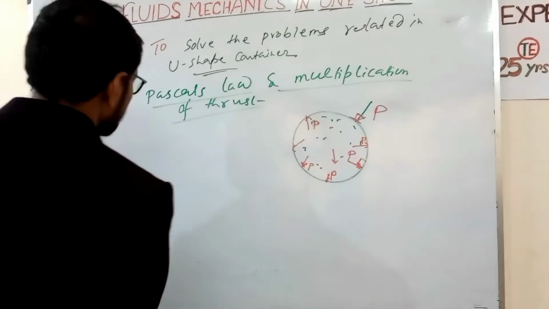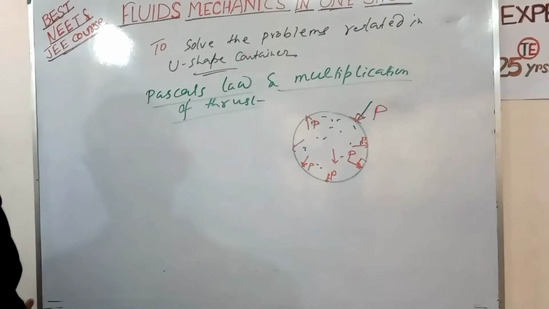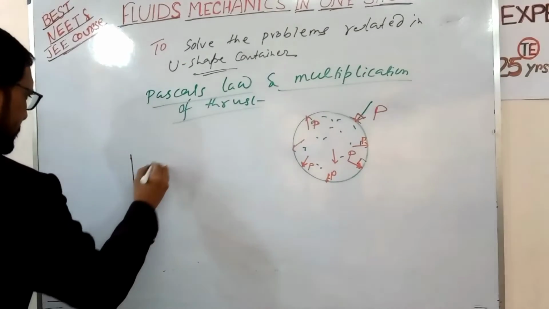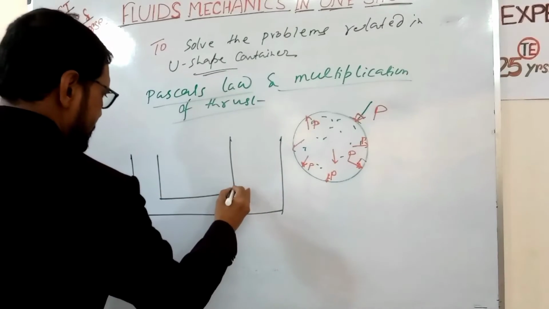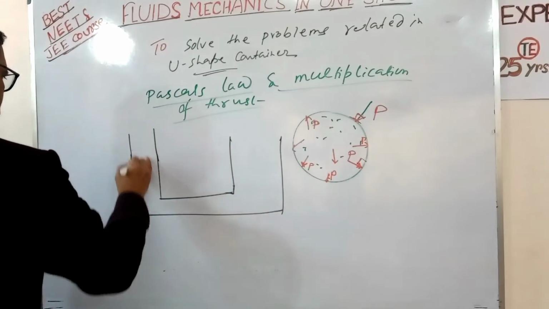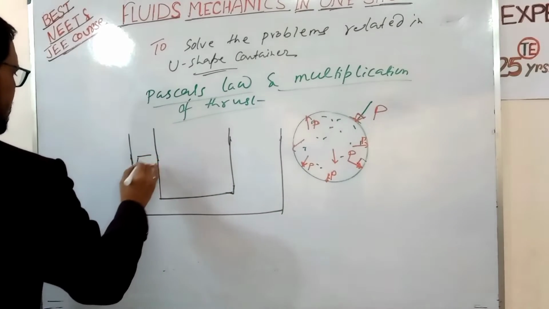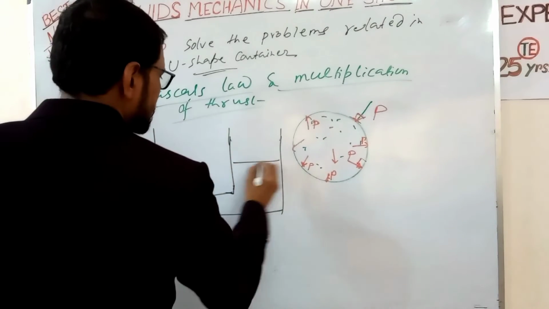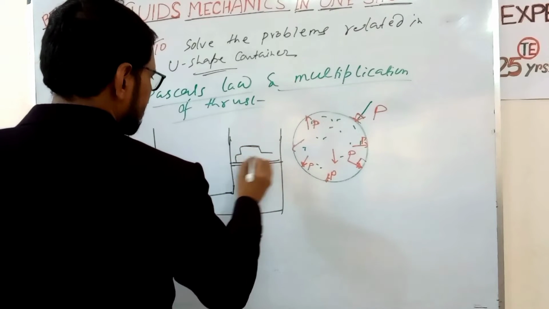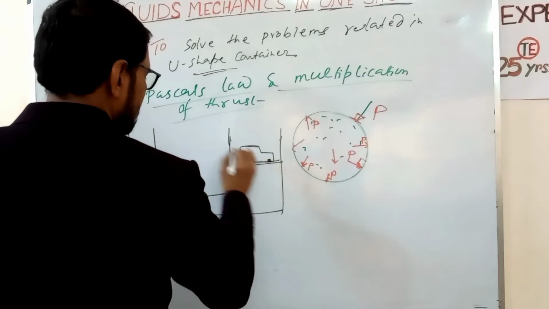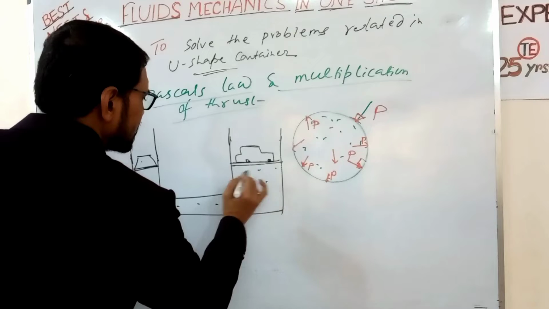Now, using this Pascal's law, we use the multiplication of thrust. Suppose here is a piston and here is another piston. These pistons contain a liquid or gas.